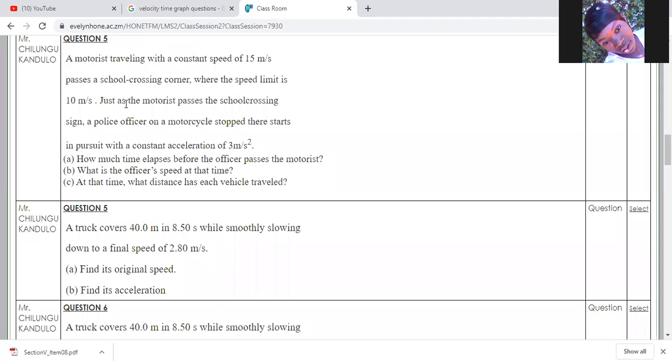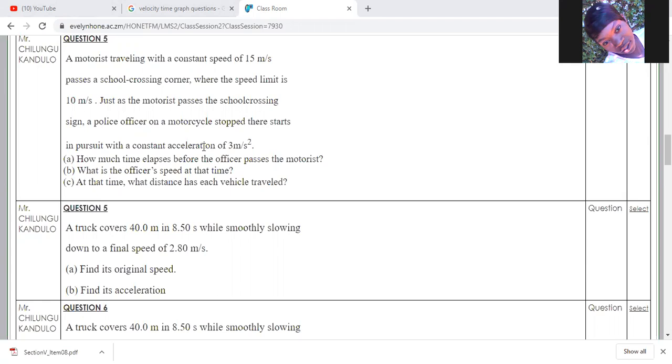Then the other person starts from rest, meaning his initial velocity is 0. So you make two displacement equations for them, and for them to catch up, you equate those two equations, and they help you to find the time. So that's the reasoning that you put there.